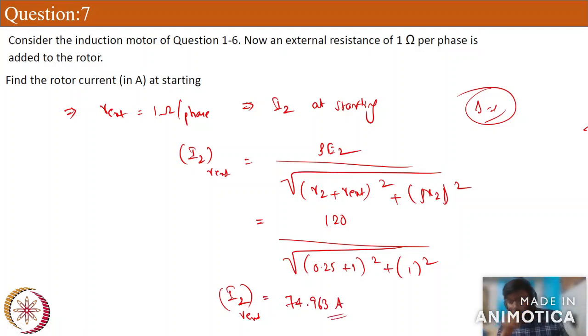So one more added advantage or disadvantage that we can comment on later, but because of adding an external resistance, the starting current of the motor came down to 74.963 amperes.